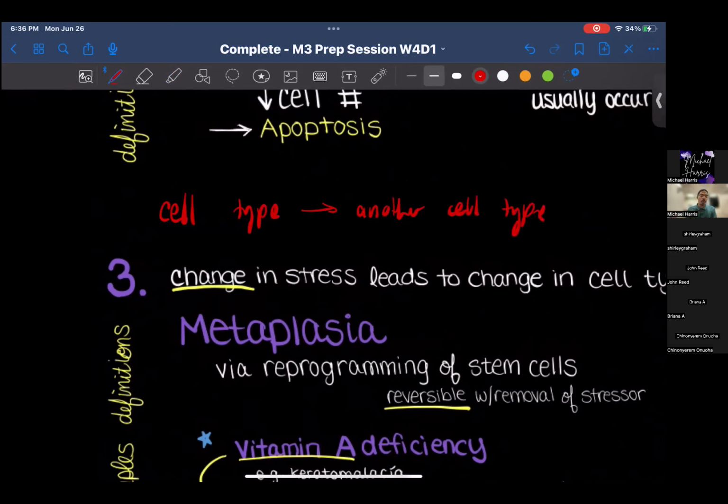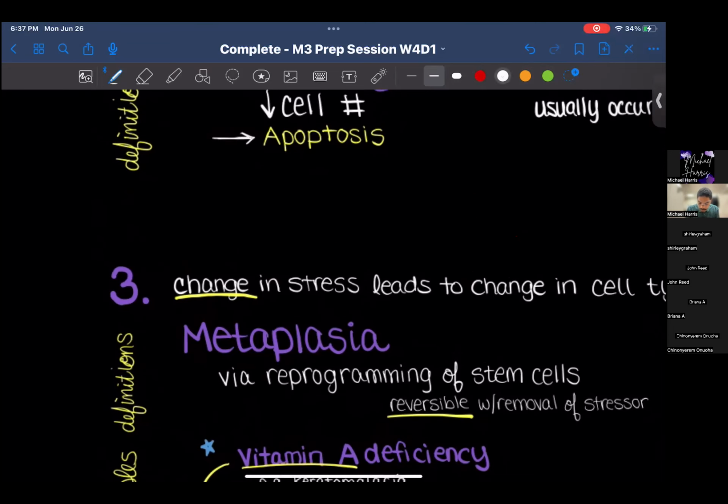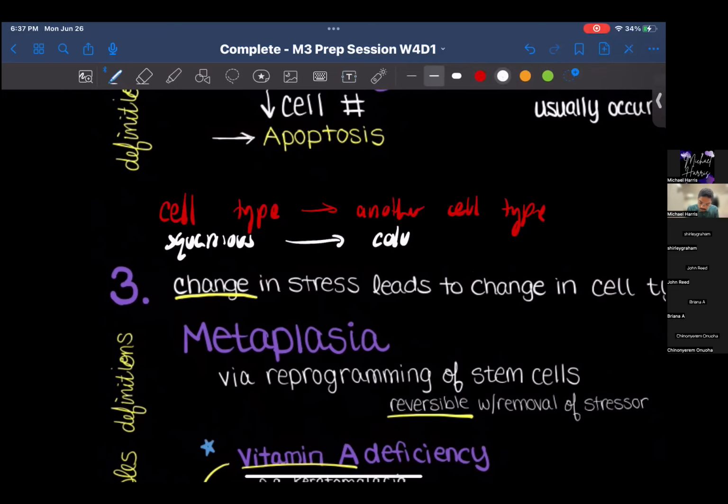So, for example, you can take squamous cells and change them into columnar cells. Okay, this is an example of metaplasia. And this is essentially due to stress.